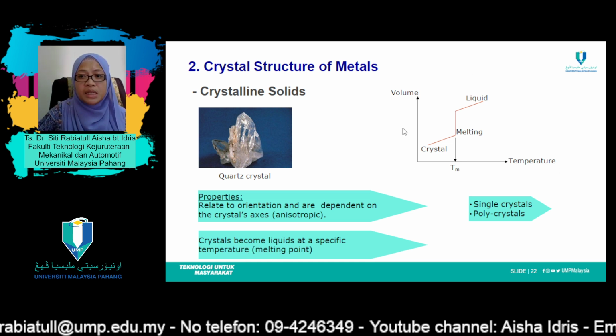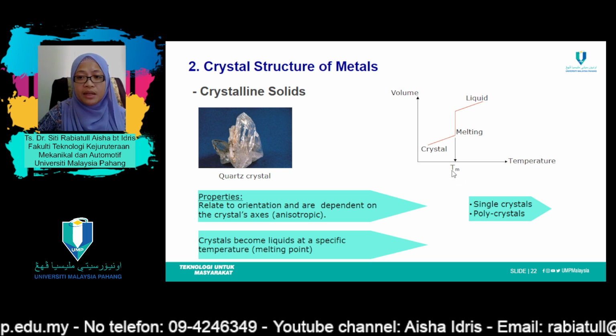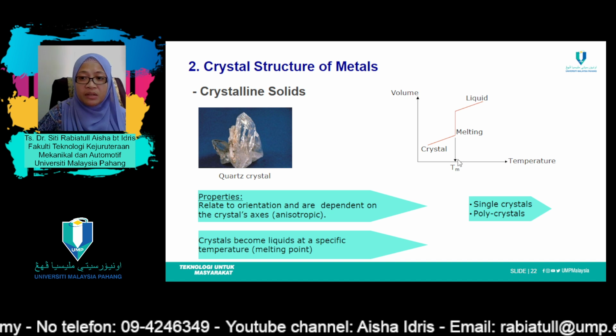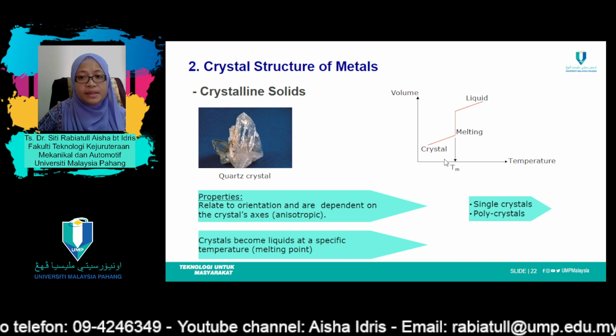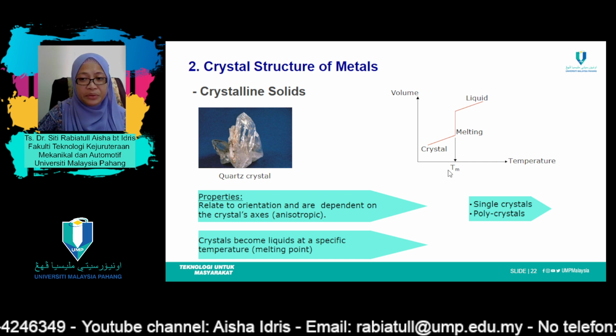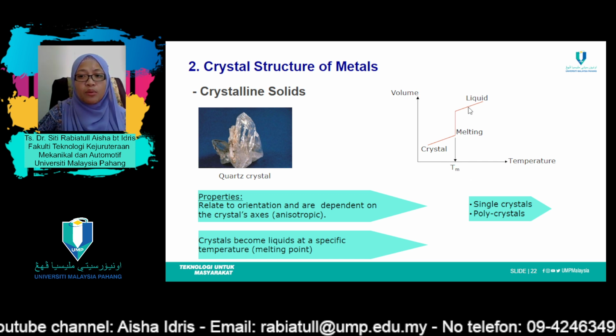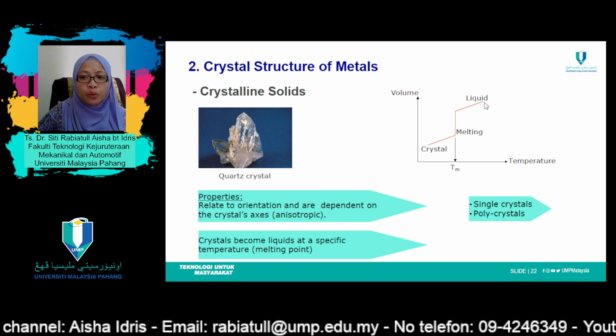If you look at this profile, below the melting temperature it will stay solid, in crystal form, either single crystal or polycrystal. And once it is melted, it will change straight away into liquid.